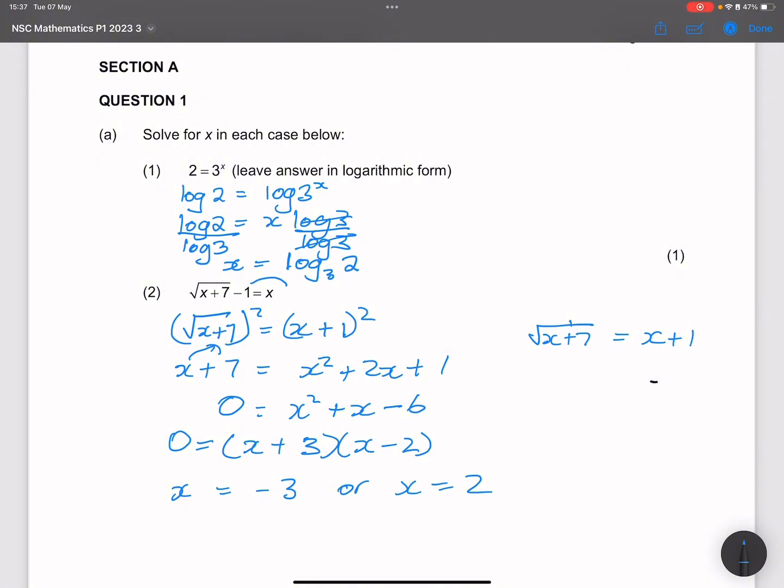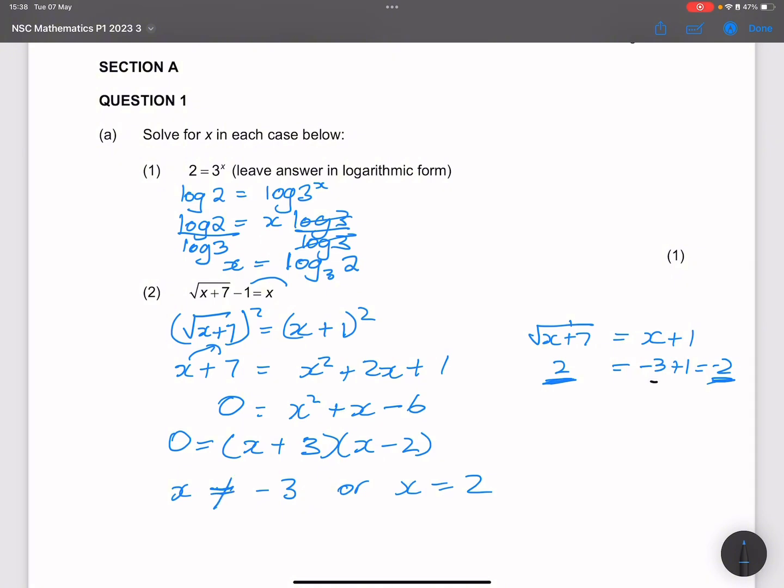If I substitute negative 3, I'll have negative 3 plus 7, which gives me 4. Square root of 4 on this side gives us 2. And here I've got negative 3 plus 1, and that gives me negative 2. There is no way that a positive square root can give us a negative answer. So this is not a solution.